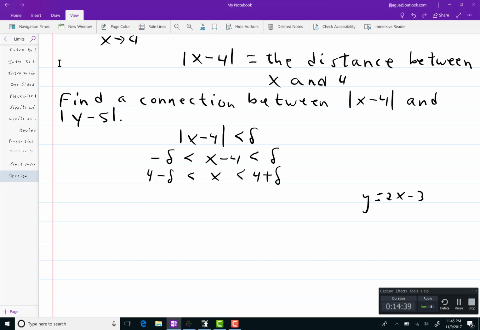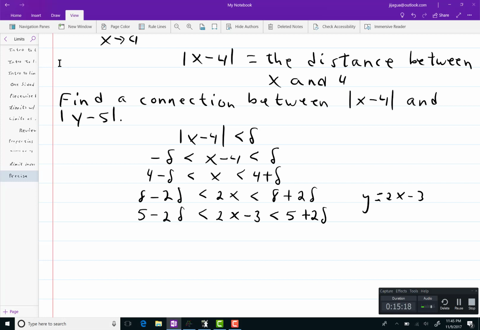If I multiply everything by 2, I get 8 minus 2 delta less than 2x, which is less than 8 plus 2 delta. And then next, I want to subtract 3 from everything. That puts me at 5 minus 2 delta less than 2x minus 3, which is less than 5 plus 2 delta.